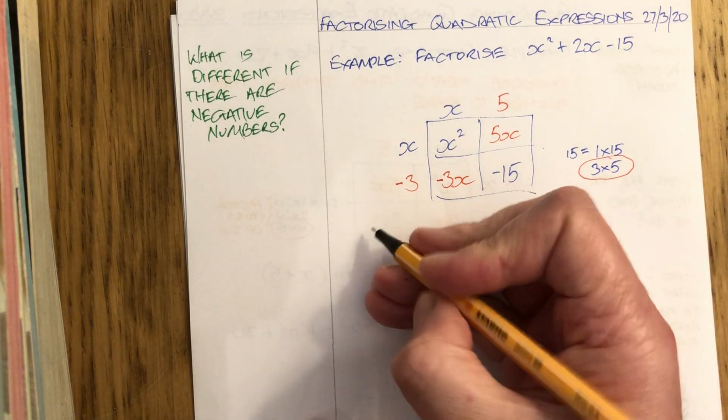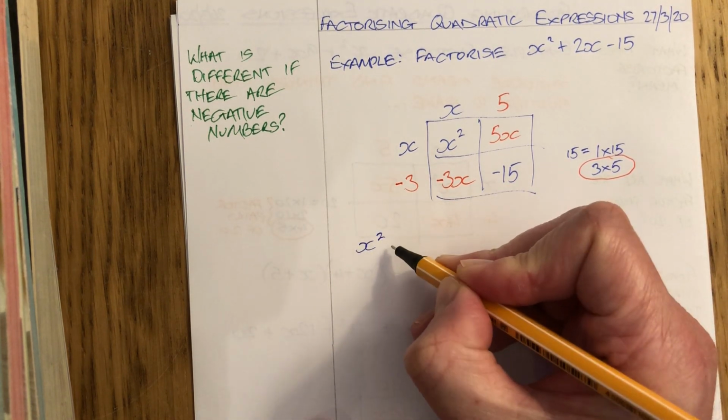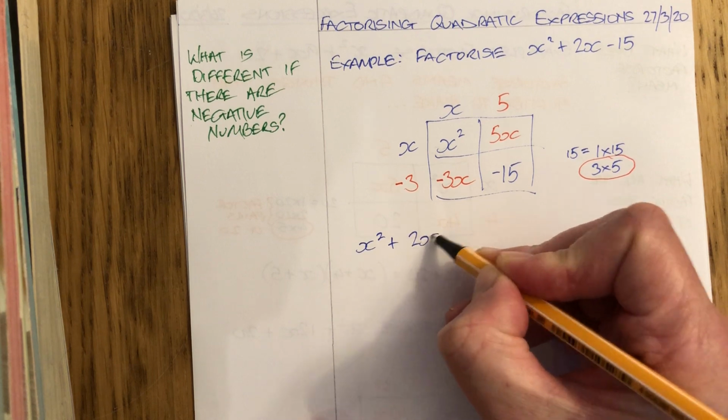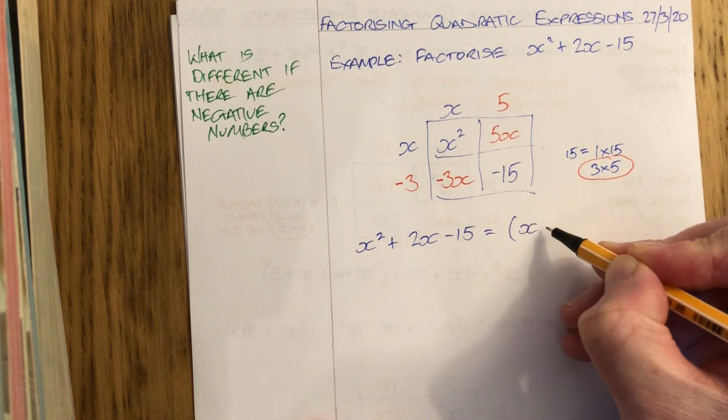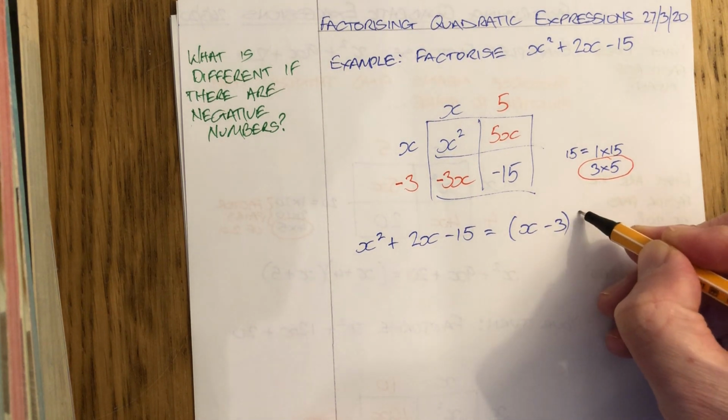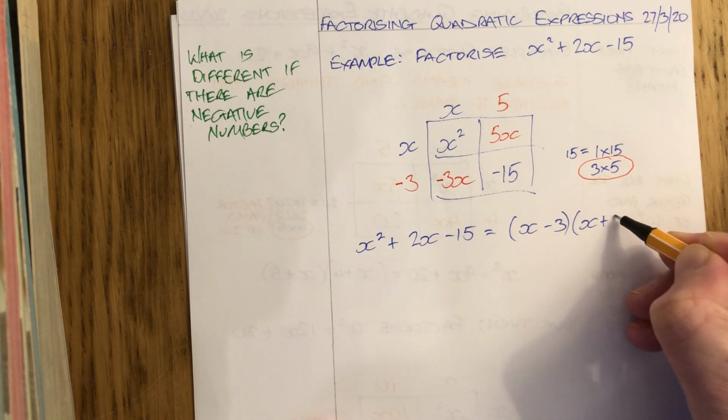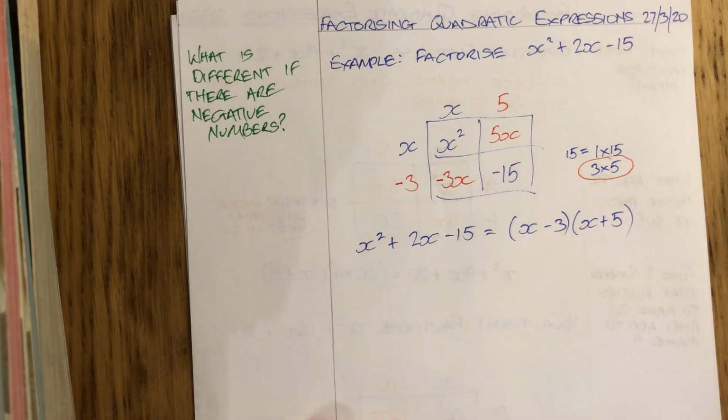So what I've got is that x squared add 2x take away 15 is equal to x take away 3 times by x add 5.